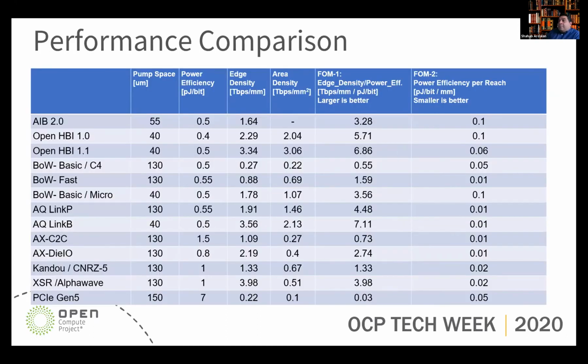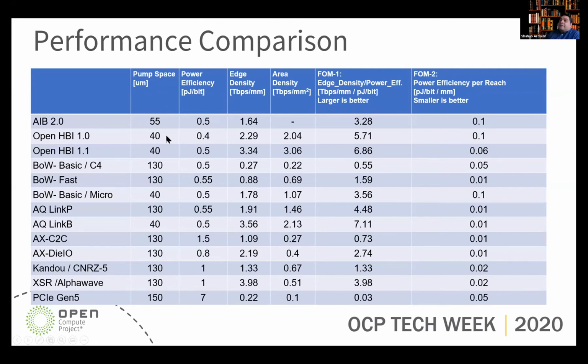This is a comparison table based on all the information that we provided, although the real Excel sheet is so big. We were able to cover 15 or 16 different existing standards or PHYs available in the market. You see there are mainly 2-3 groups.